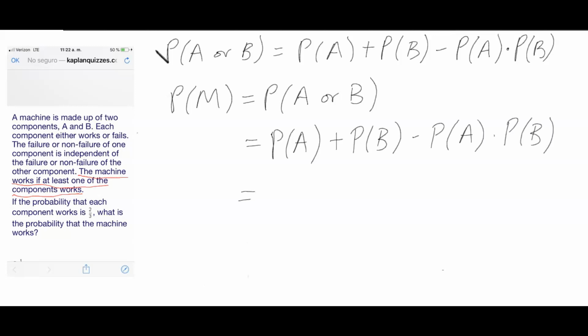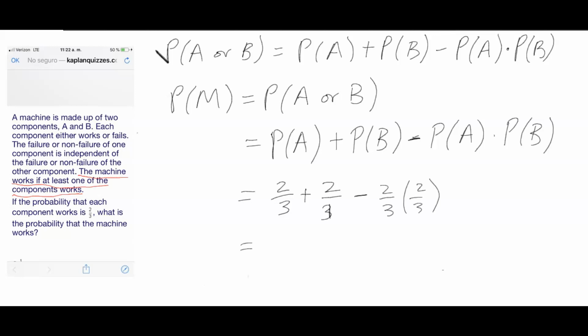So they give you what the probabilities are. The probability that component A works is going to be 2/3 because it says that the probability that each component works is 2/3. Plus the probability that component B works is 2/3 as well. Minus, we're going to multiply those together, 2/3 times 2/3.